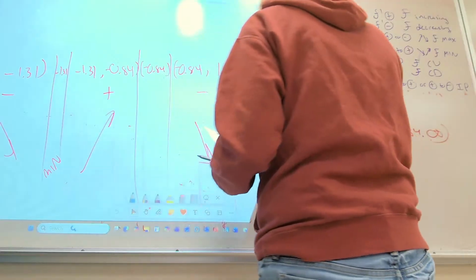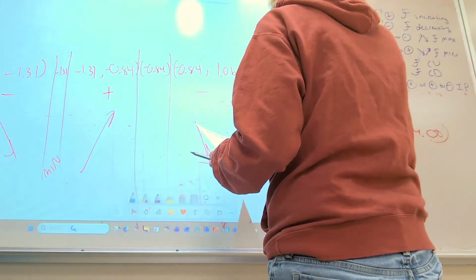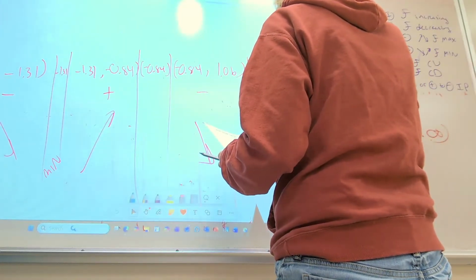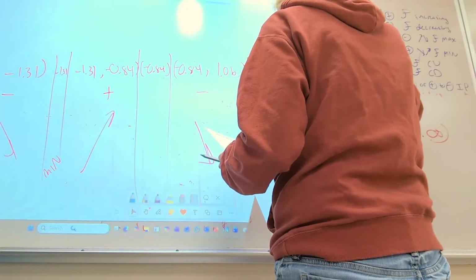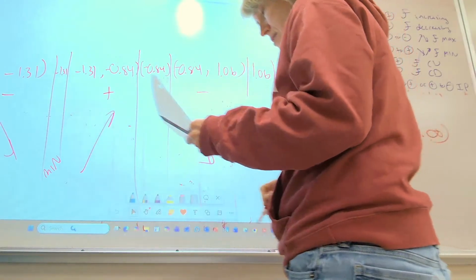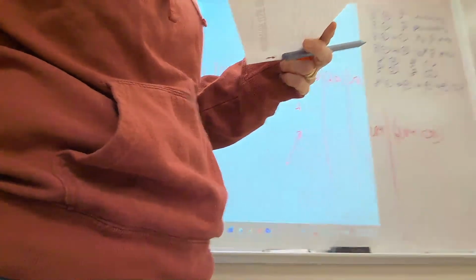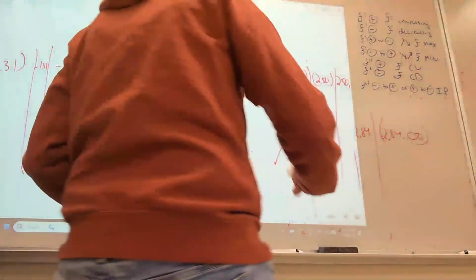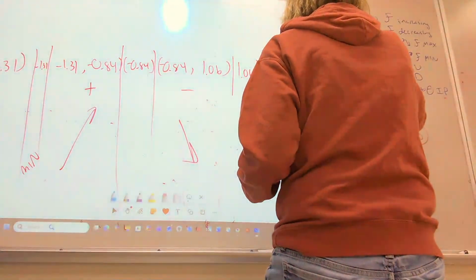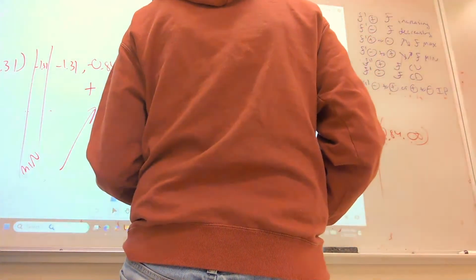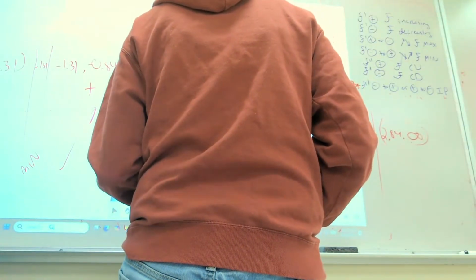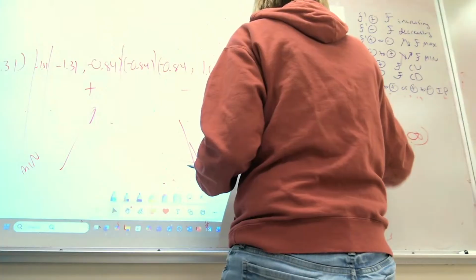There's a tiny difference to the next one. Dakota, did you get the next one? 2.7. Right, it should be 2.75. Okay, so from 2.5 to 2.75, it's negative, decreasing.